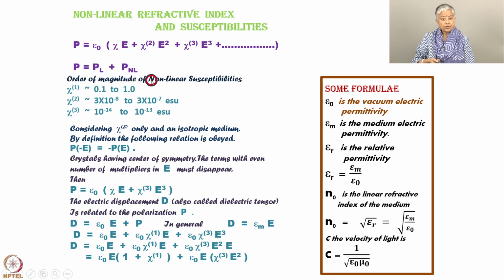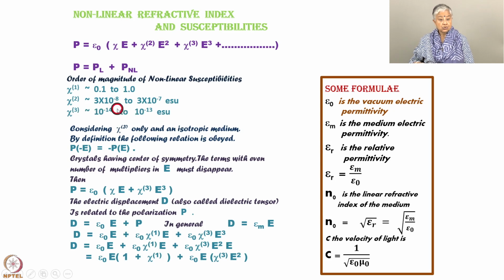The order of magnitude of these nonlinear susceptibilities is as follows. Chi 1 is 0.1 to 1, and it is dimensionless. Chi 2 is somewhere around 3 into 10 to the power minus 8 to 3 into 10 to the power minus 7, in units of ESU, and chi 3 is 10 to the power minus 14 to minus 13 ESU.